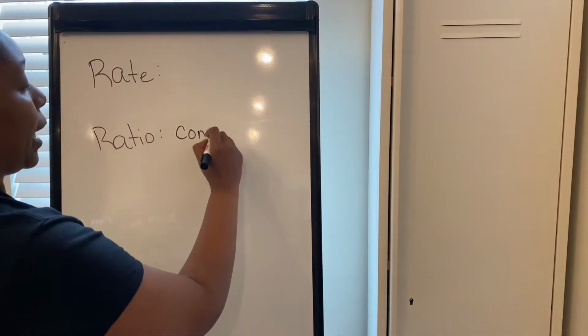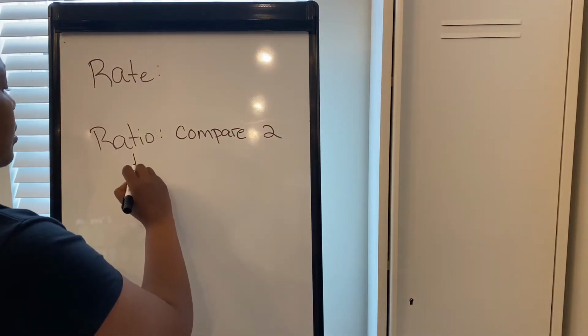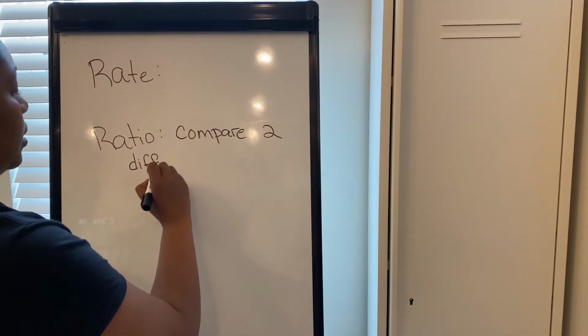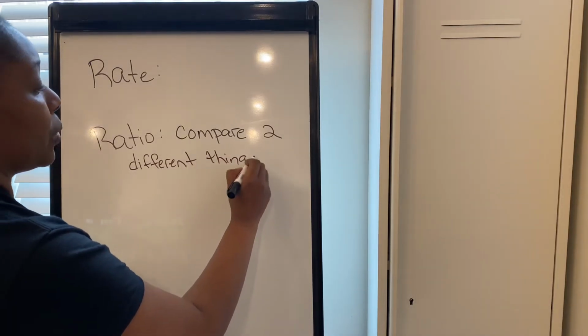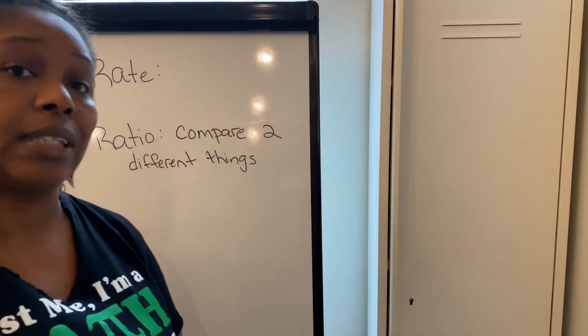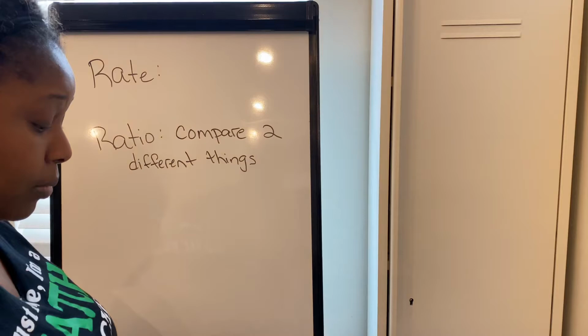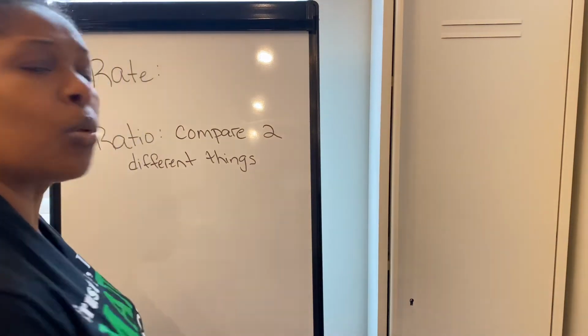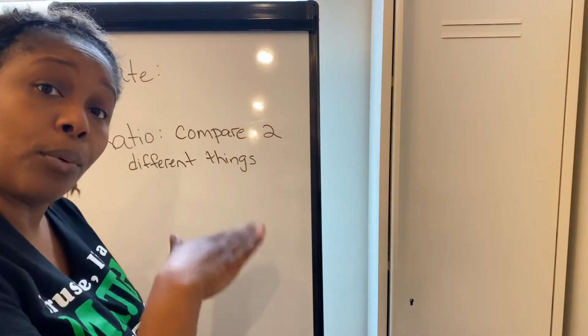I'm going to compare two different things. Now I'm starting with ratio because ratio is the easiest one and does not take any math. So, for example, what we did in class, we talked about the ratio from boys to girls.